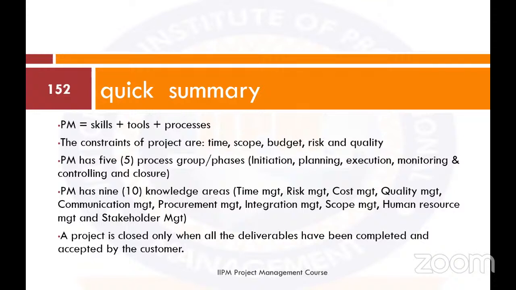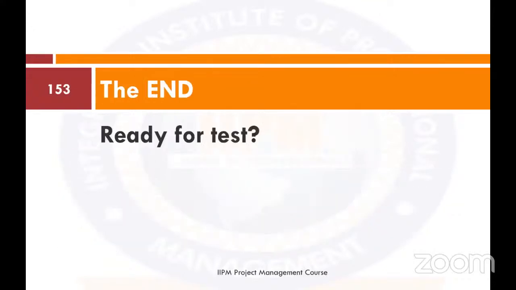Project management has 10 knowledge areas: time management, risk management, cost management, quality management, communication management, procurement management, integration management, scope management, human resource management, and stakeholder management. Like I said earlier, by the time we get to level 2, we'll be studying each of these knowledge areas in depth. A project is closed only when all the deliverables have been completed and accepted by the customer.